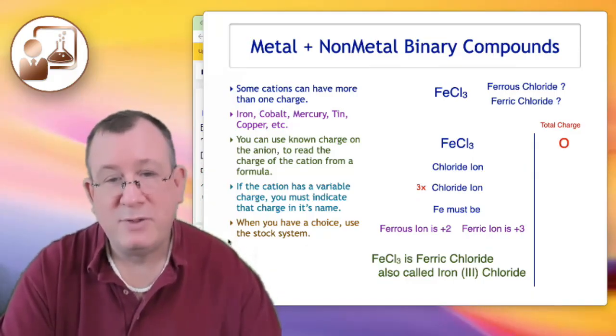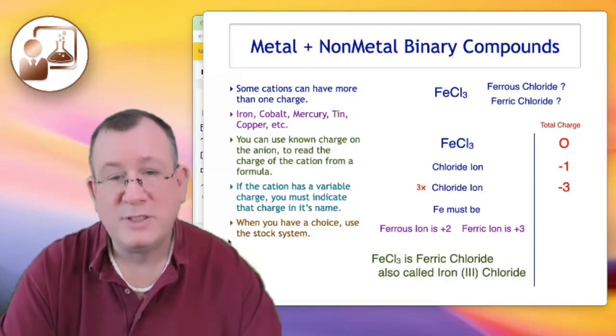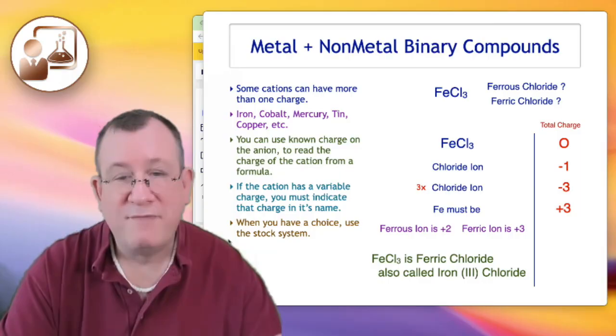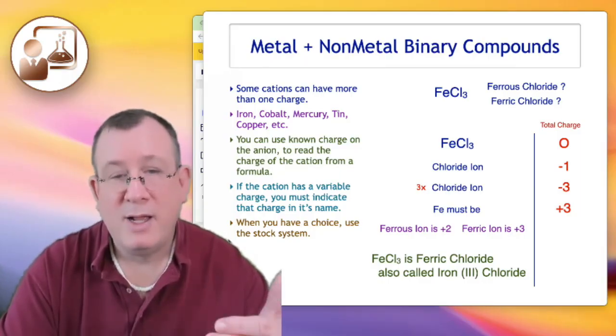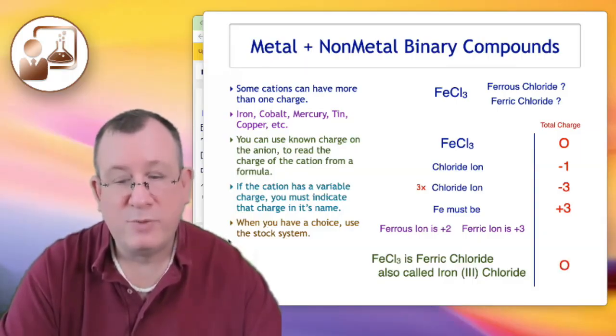So for it to be 0 and the chlorine ion be -1, 3 of those means 3-. Iron must be 3+. If I bring those together, then I just need to make sure I name the material either ferric chloride or iron 3 chloride to represent the right charge.